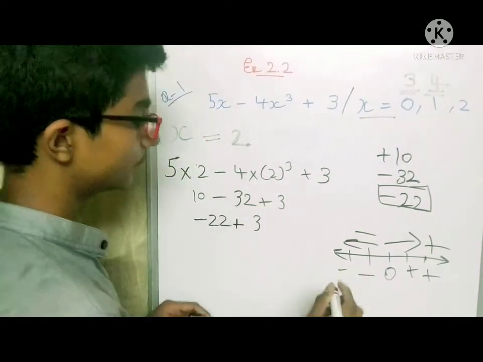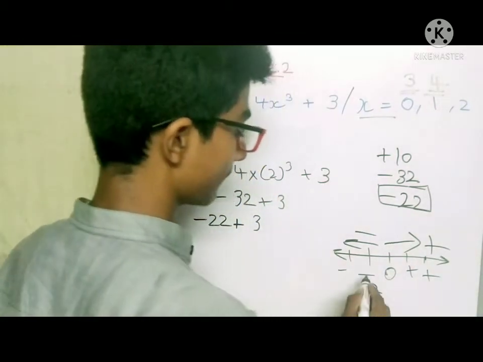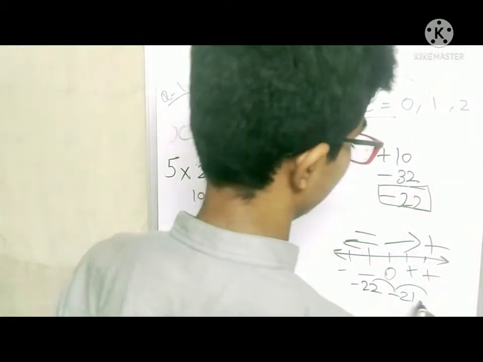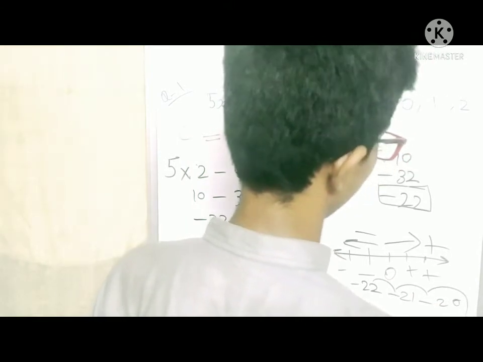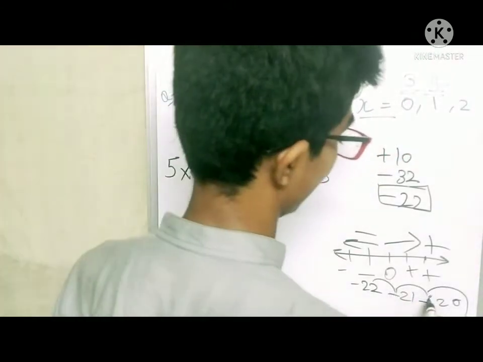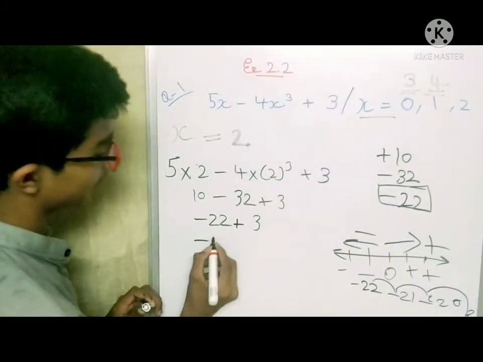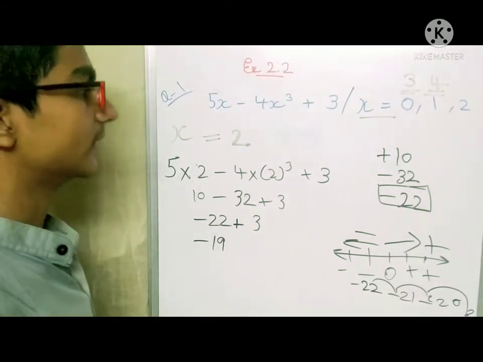So here let's assume this is minus 22 and we have to go 3 steps to the positive side. So this is minus 21, minus 20, and it will be minus 19. See, this is the first step, second step and third step. So the third step is minus 19. So the answer of this question is minus 19.